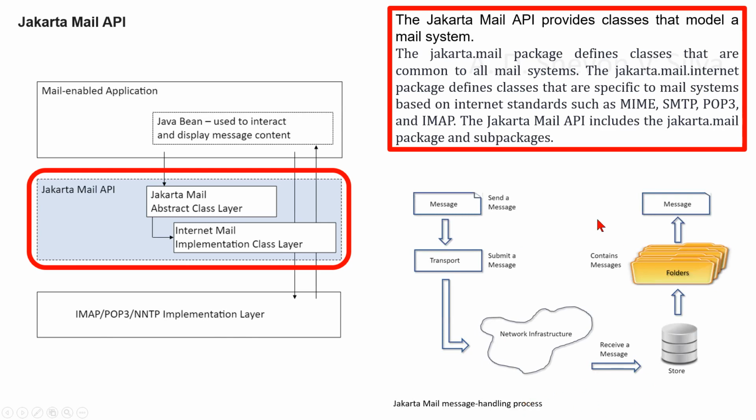This figure illustrates the Jakarta Mail message handling process. The Jakarta Mail API is intended to perform the following functions, which comprise the standard mail handling process for a typical client application.